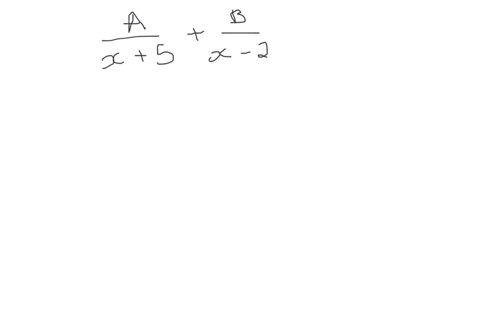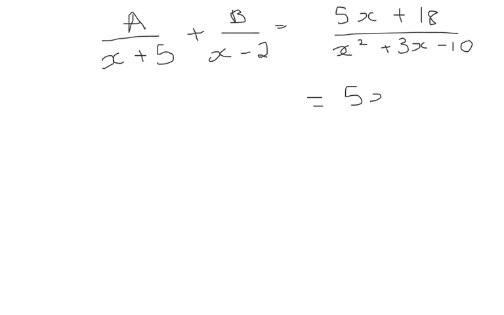So these two fractions equal our original (5x + 18) all upon (x² + 3x − 10). So the important thing to note is the numerator of the right hand side, 5x + 18.